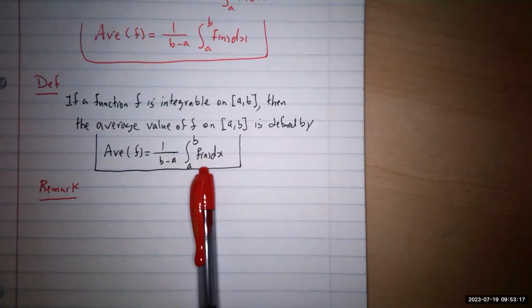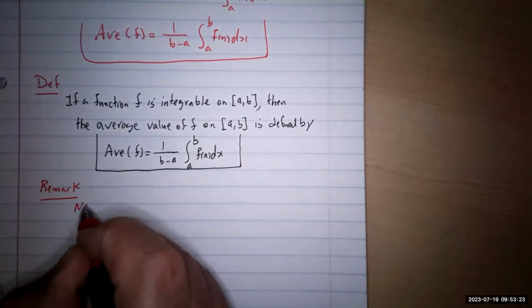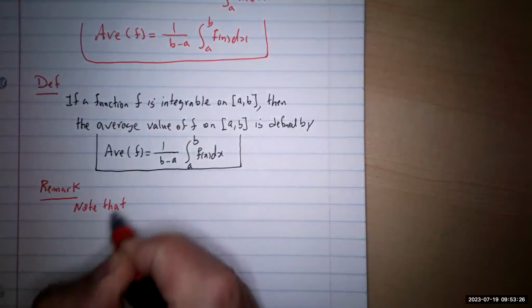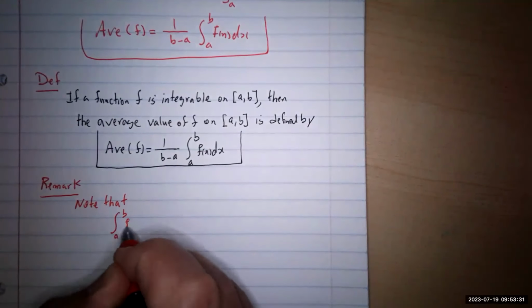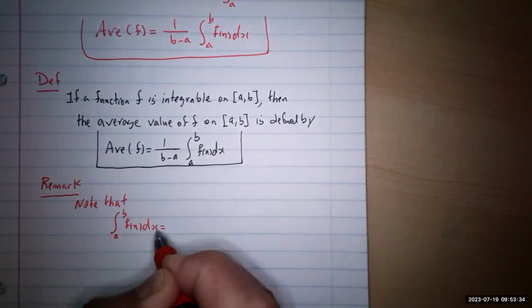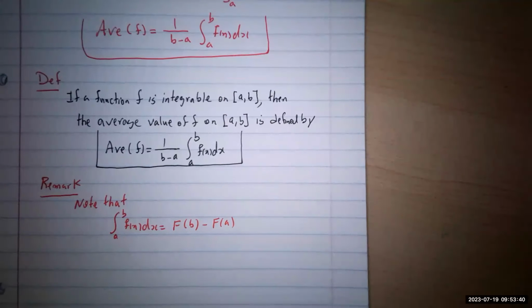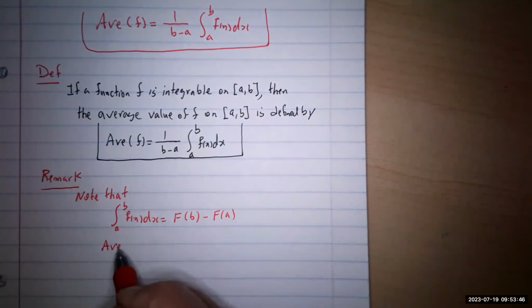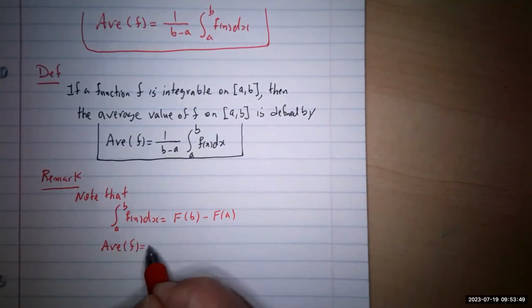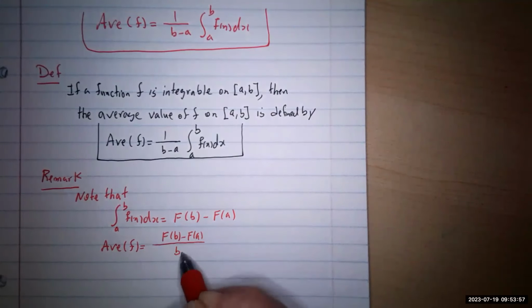The way we find this integral is to use the fundamental theorem of calculus: we find the antiderivative and evaluate it at b and a. So if you put it here, what's going to be your average value? The average value of f is going to be f of b minus f of a over b minus a. Remember this one?